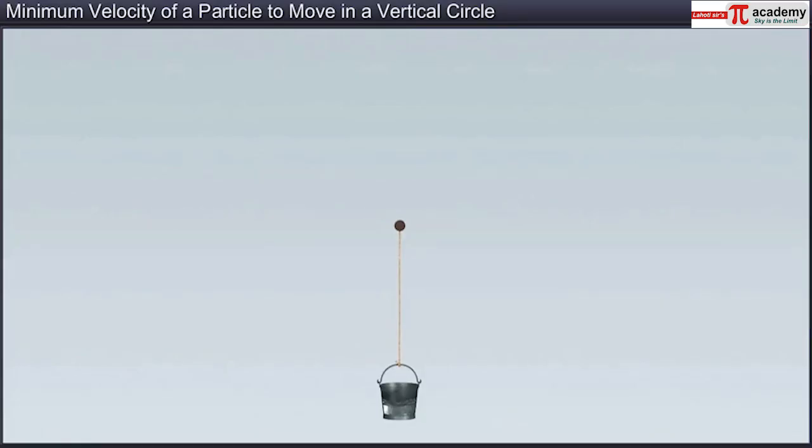Thus, in our experiment with the bucket, if the starting speed of the bucket at the lowest point of its path is more than square root of 5gr, then the water in the bucket will not spill out even when the bucket is upside down at its highest position along the vertical circle. On the other hand, if the starting speed at the lowest point of the vertical circular path is less than square root of 5gr, the water will spill out when the bucket is upside down at the highest point of its circular path.